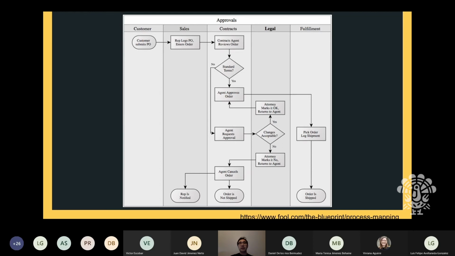If it's not standard, then they need an approval request, and they take it to legal. Does legal accept it, approve it, yes or no? If yes, then the attorney marks it okay. It goes back to the agent, says okay, it's approved, and then they do the pick, order, and ship. If not, the attorney marks it no, returns it to the agent. They have to cancel, sadly, and the order is not shipped, but they also have to let the representative know.